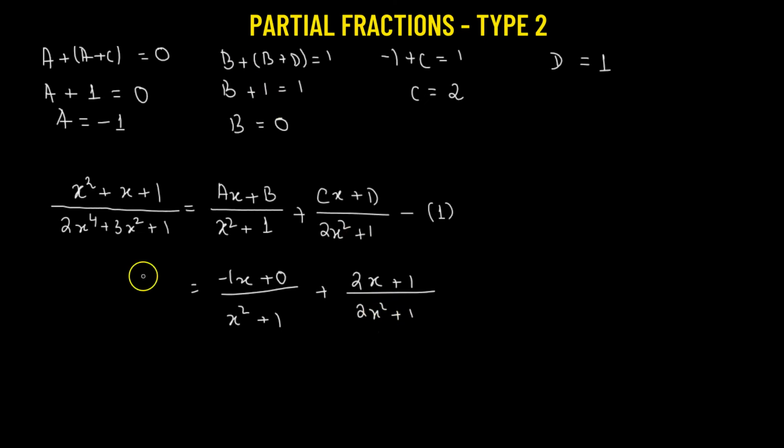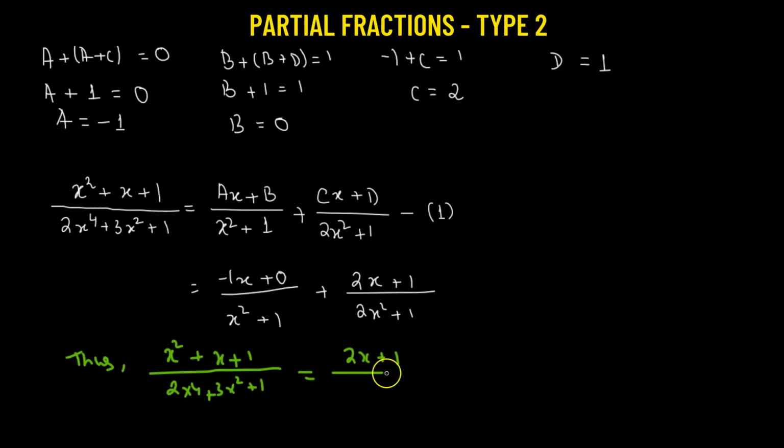So finally we have obtained the partial fractions: x squared plus x plus 1 divided by 2x to the power of 4 plus 3x squared plus 1 will be equivalent to 2x plus 1 divided by 2x squared plus 1 minus x divided by x squared plus 1. So this is how we have successfully resolved the given rational fraction into 2 partial fractions.